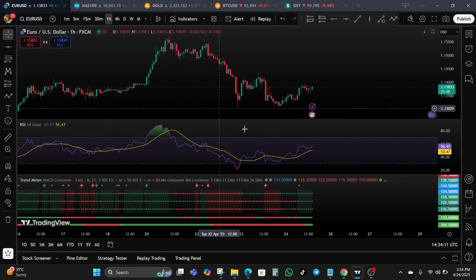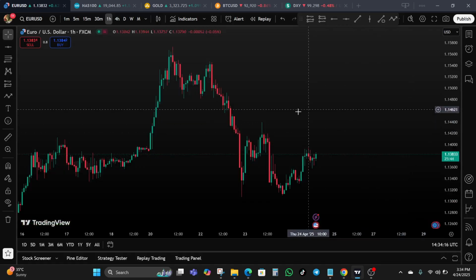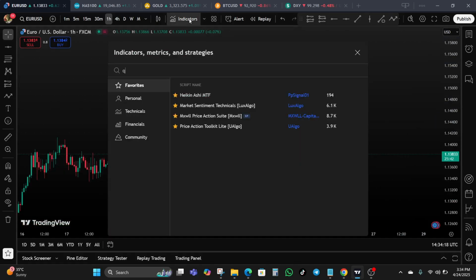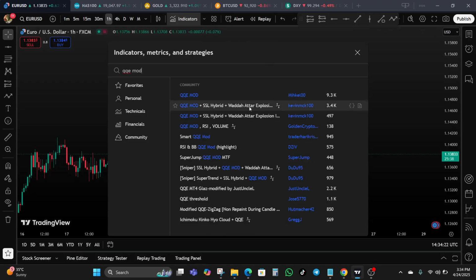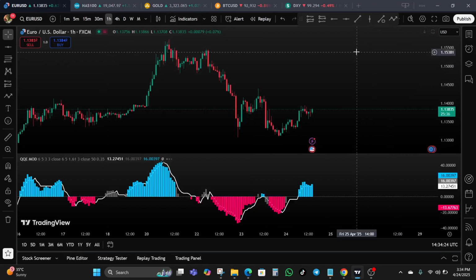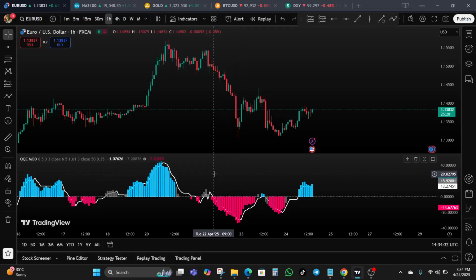Now let us look at the QQE MOD indicator. This is a powerful indicator for retracements. It mixes RSI and smoothing to signal momentum slowdown.